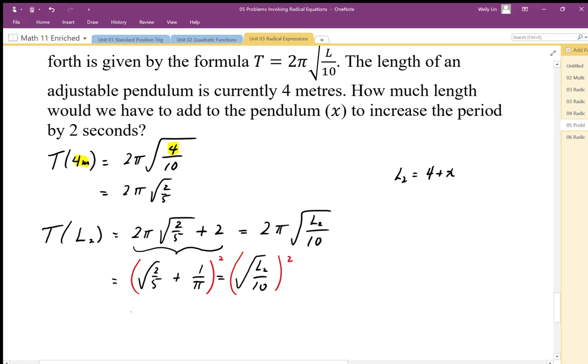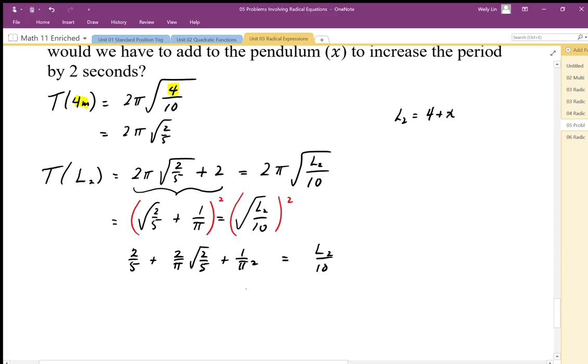So I'm going to end up with 2 over 5 plus 2 over 5 times 1 over pi, and 2 of those, so I'm going to end up with 2 times root 2 over 5 times 1 over pi, plus 1 over pi squared. Okay, and then this is L2 over 10.